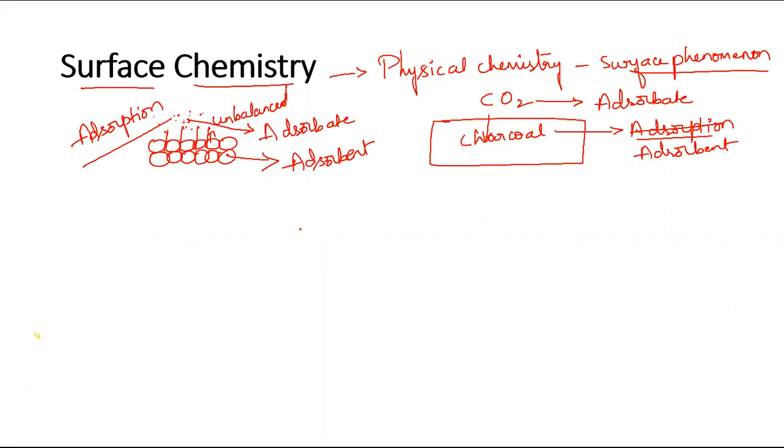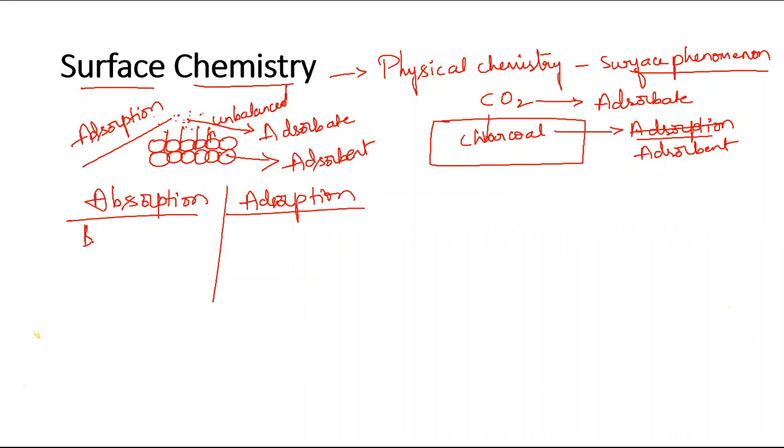On the other hand, one more word you might have heard is absorption. Absorption and adsorption are different. This is a bulk phenomenon. For example, if you take a sponge and dip it in water, all the pores get covered completely. That is a bulk phenomenon, it goes to the inner core. Whereas when you dip chalk or charcoal, it is only on the surface. So this is a surface phenomenon.